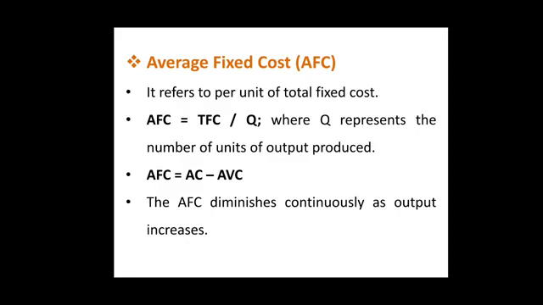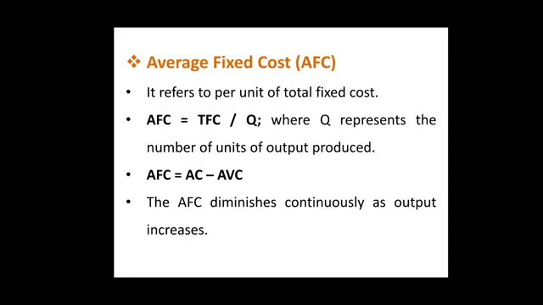As average total cost is made up of two components, which are average fixed cost and average variable cost, if we subtract the average variable cost from average total cost, we will get average fixed cost.